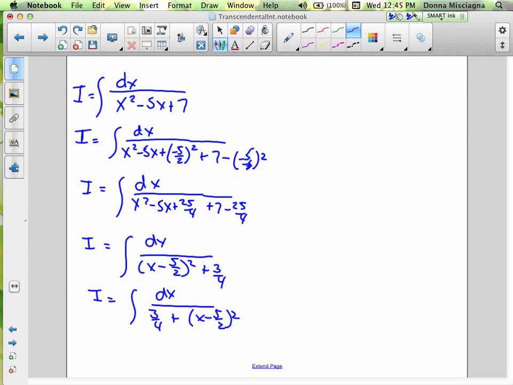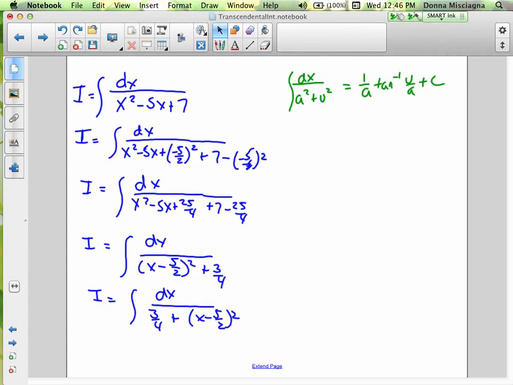And now we see that we have a very familiar type of integral there. So if we have the integral of dx over a squared plus u squared, that's going to be 1 over a arctan u over a plus c. All right, so we have that format. Let's just rewrite it so that we have something squared.